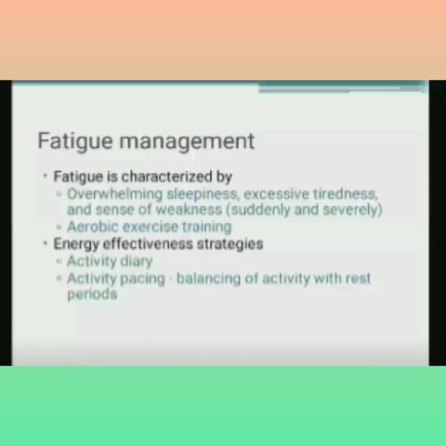And activity pacing is the balancing of activity with rest periods. For example, when they have to do prolonged things like cooking for a long time, they cannot do it in a continuous process. They can make some amount of dishes initially, then take a rest, then go further. Like that, in all the activities, they have to take lots of rest so that they can perform the activities properly.